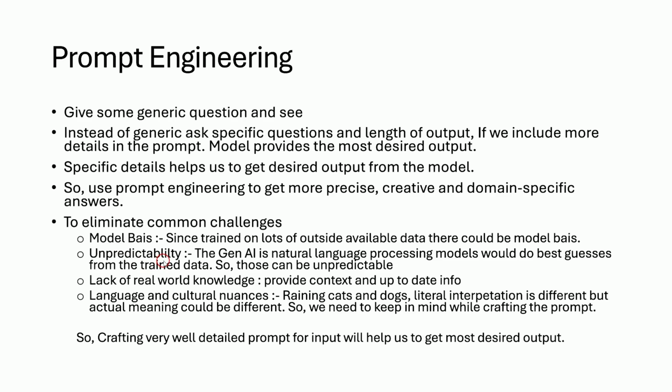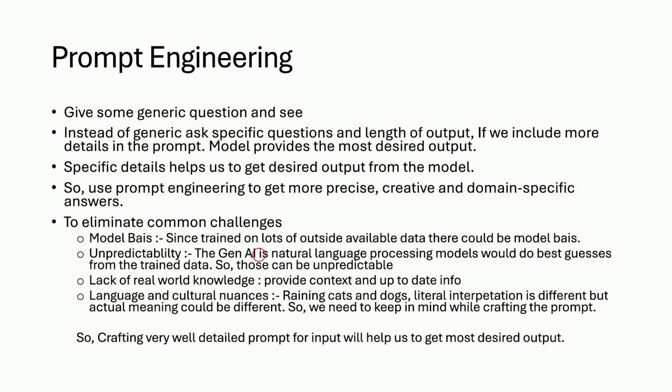And unpredictability. The generative AI, the natural language processing models, would do best guesses from the trained data, so this can be unpredictable. That means these generative AI models are not doing any logical processing inside. They are going to make guesses, the best possible guess, right? It has been trained on a lot of data, which has all the questions already available in it.